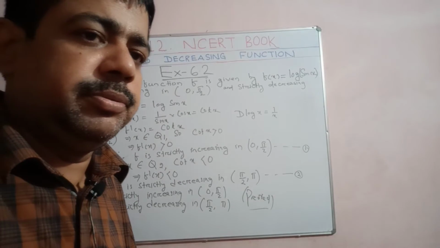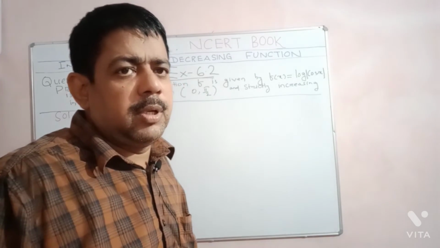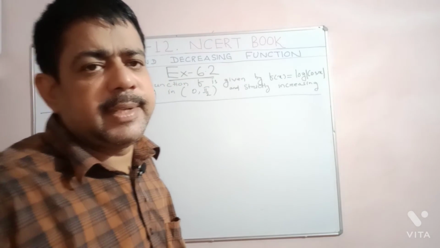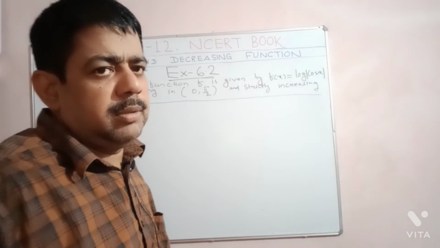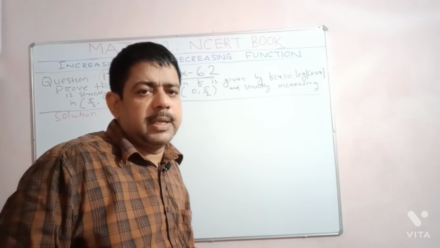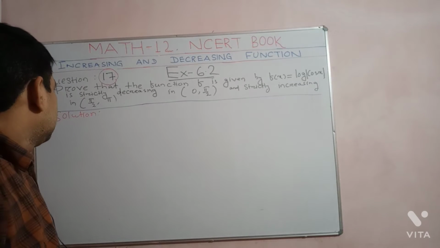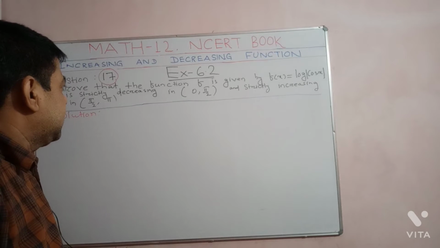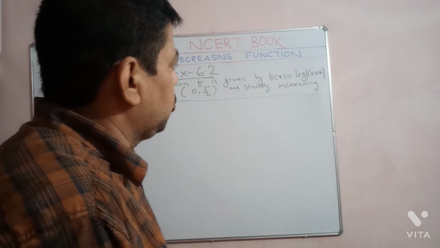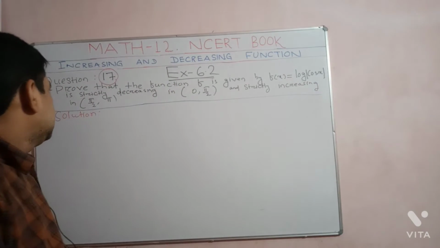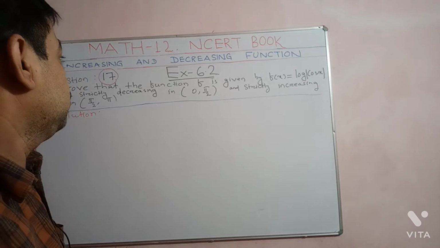Okay, thank you. So dear students, here is a question, question number 17 from your NCERT book, exercise 6.2, based on the concept of increasing and decreasing functions. Understand? So in this question, we have to prove that the function f given by f(x) is equal to log modulus of cos x is strictly decreasing in the open interval 0 to pi by 2.